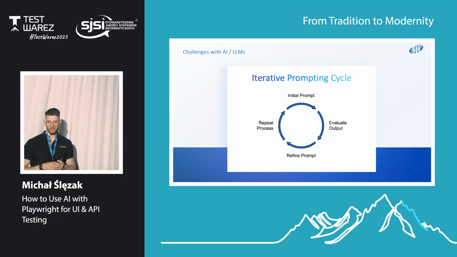Sometimes we can spend much more time improving the prompt than doing something by ourselves. So it's good to experiment with that, but I also see a lot of potential challenges.